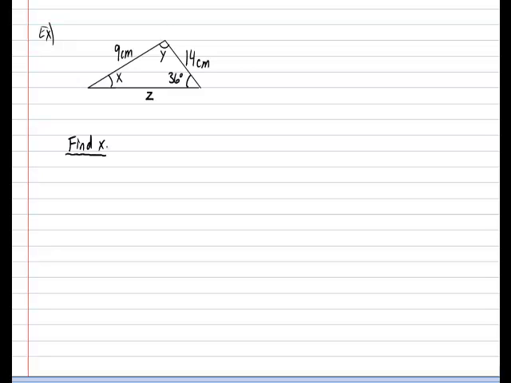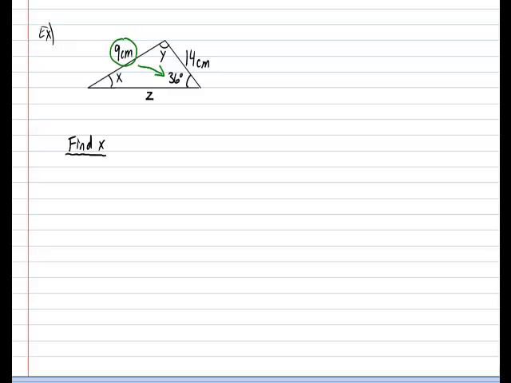So once again, the sine law states that the ratio of any side versus the sine of its opposing angle. So I'm going to use 9 centimeters, and its opposing angle is the 36 degrees.